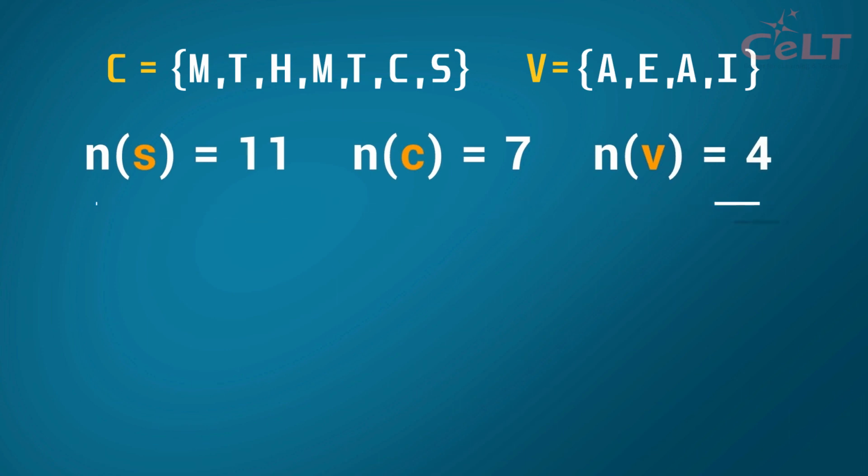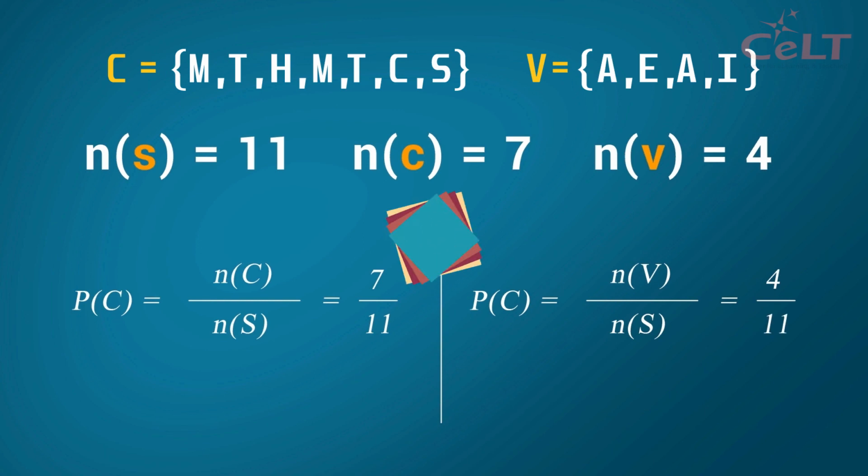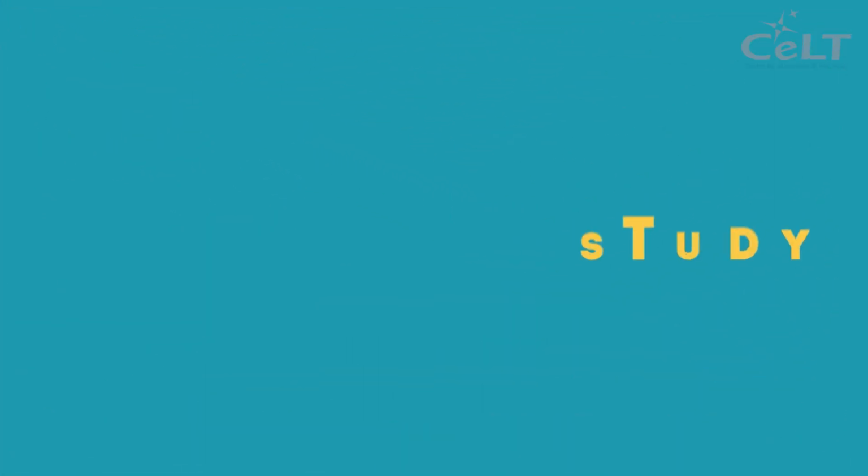So n(C) equals 7, and n(V) equals 4. Based on the formula, the probability of getting a consonant is 7 over 11, and the probability of getting a vowel is 4 over 11.